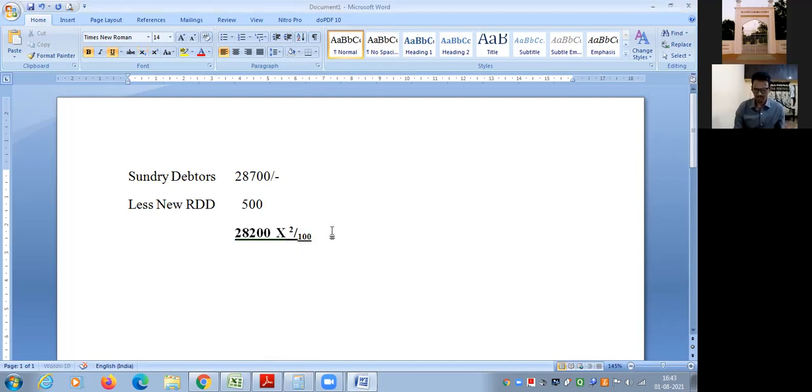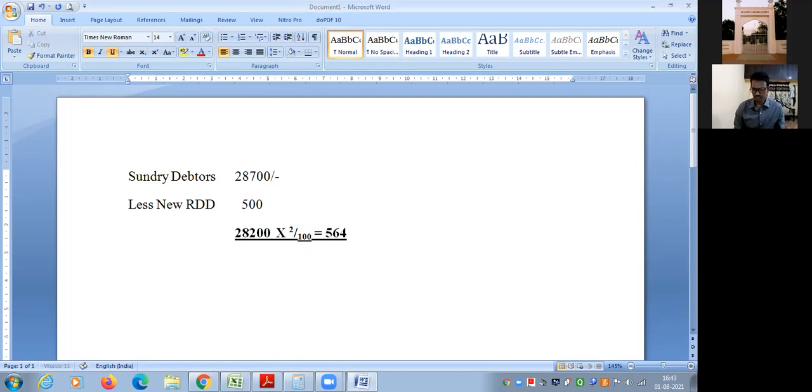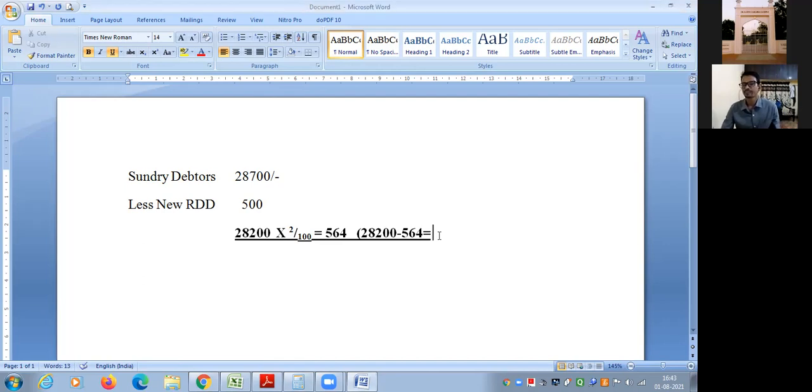Again, we have to minus it from the amount: 28,200 minus 564. The remaining will be shown on the balance sheet asset side. So the result is 27,636, and this amount will be recorded on the balance sheet asset side.